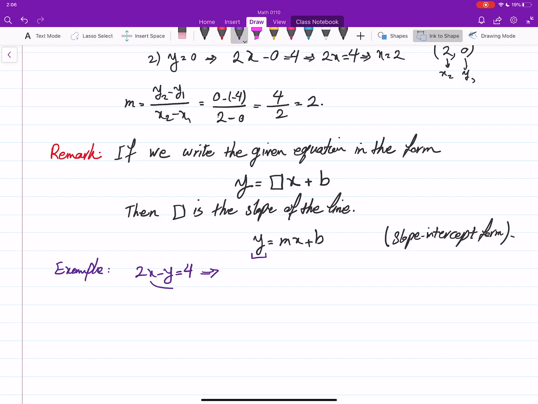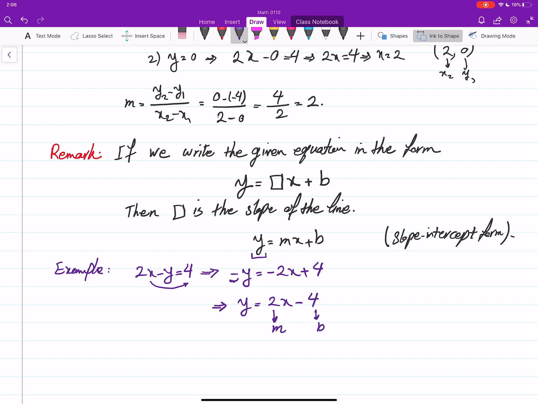So I take 2x to the other side: minus y is equal to negative 2x plus 4. Then you see y has a negative sign as its coefficient. I get rid of that by multiplying both sides by a negative sign. If you write it in that form, then the coefficient of x is the slope.